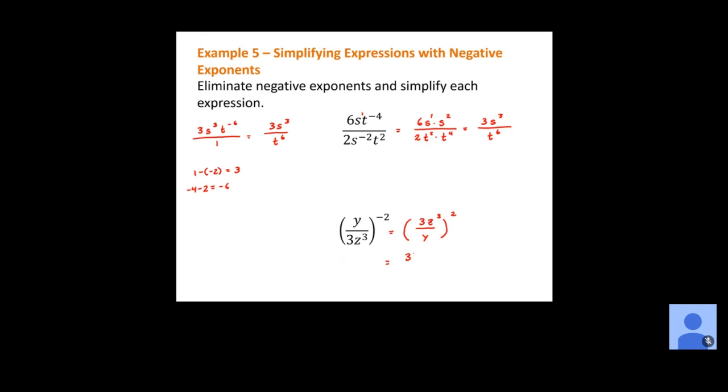So that's going to give us 3 squared times z, 3 times 2 is 6, and then we have y squared. And then the only other thing we could do there is 3 squared we can simplify. So 3 squared is 9. So we're going to end up with 9z to the sixth over y squared.